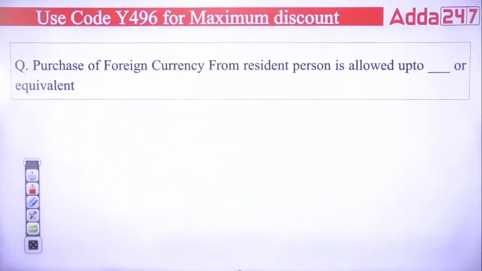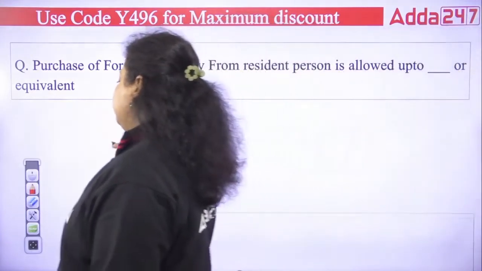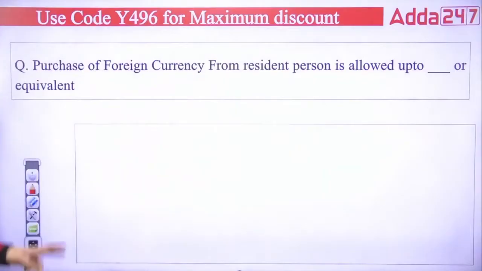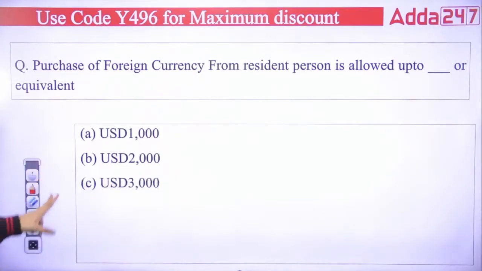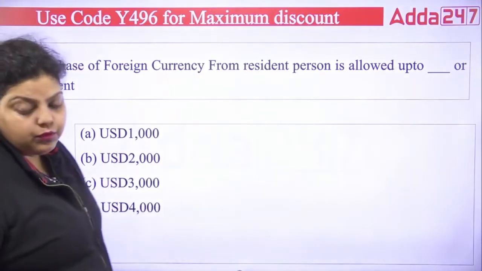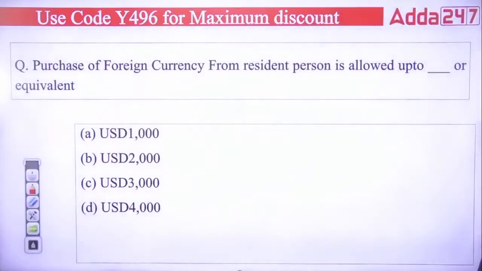The first is asking about purchase of foreign currency from a resident person, which is allowed up to dash or equivalent. And the options we have here are $1,000, $2,000, $3,000, $4,000. Now you have to answer, if you purchase foreign currency from a resident person, then up to what amount is it allowed?